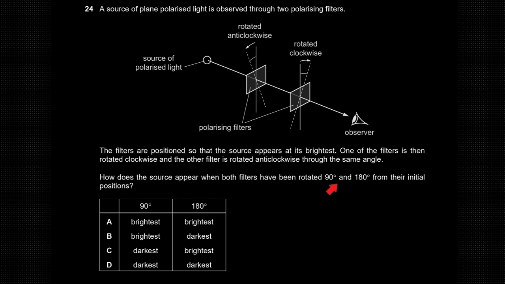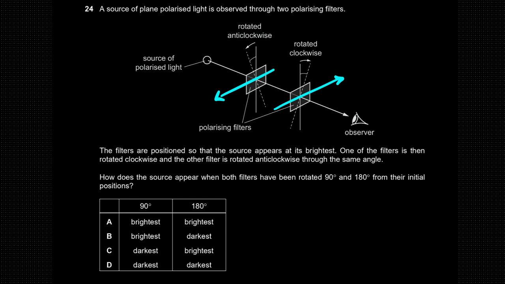So how would the source appear when both of these have been rotated through 90 degrees? If this is rotated through 90 degrees, the transmission axis in this case would be like this, pointing this way, if you just add directions, and like this, right?